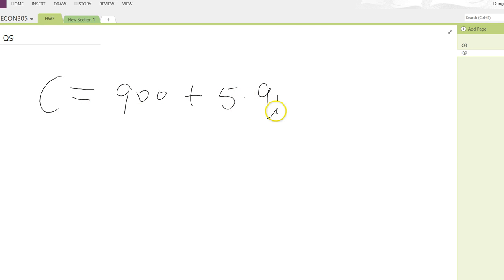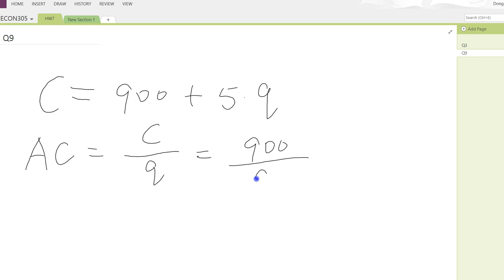So this is the total cost, and the average cost is basically just this total cost divided by the quantity, the number of pages. So that equals 900 divided by Q plus 5.